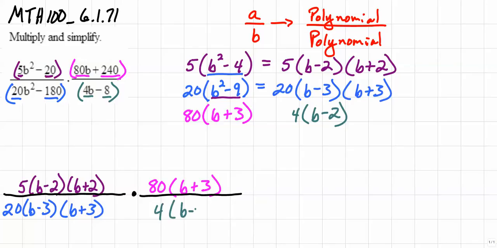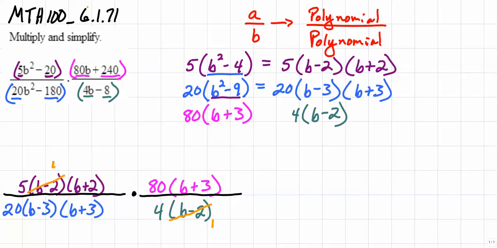And now what I'm going to do is look for common factors that can divide into each other. For example, I notice that this b minus 2 in its entirety, if I divide it into itself, I'll end up with 1 here and also 1 right here. A common phrase for this is they cancel. Okay, but we're going to talk about dividing out common factors.